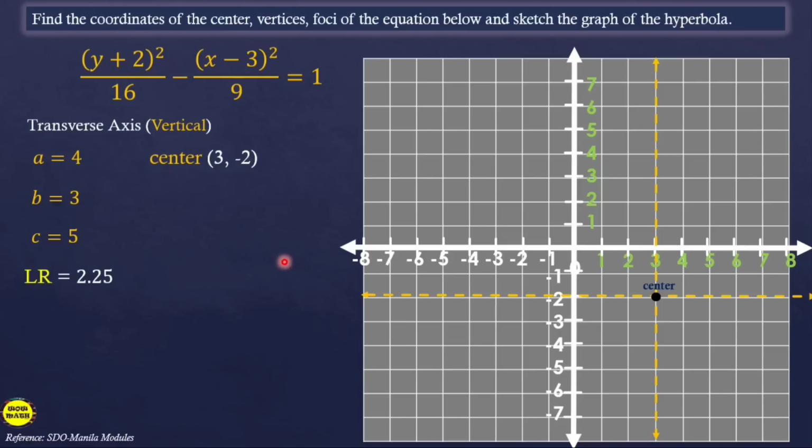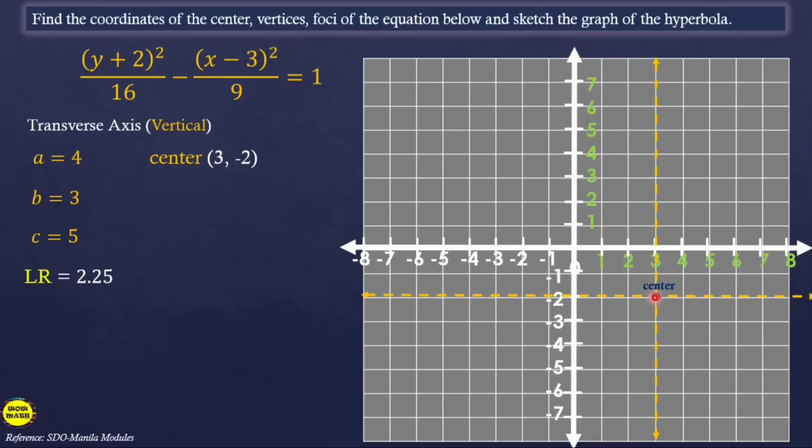Okay? Next natin kukunin is yung vertex. Gamit yung value ng A, malalaman natin kung saan yung vertex natin. So, kung 4 yan, magmumove tayo ng 4 units papunta saan? Papuntang taas at baba. Kasi yung transverse axis natin, vertical. So, tatandaan, kung saan yung transverse axis natin, doon rin natin matatagpuan o makikita yung vertex natin at yung focus natin.